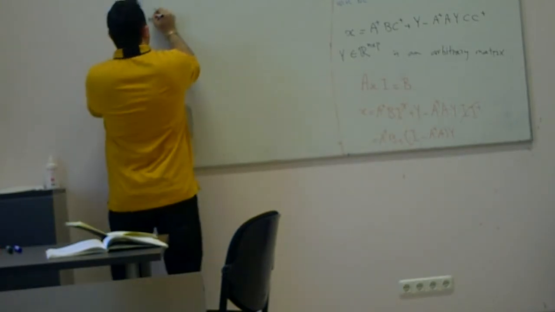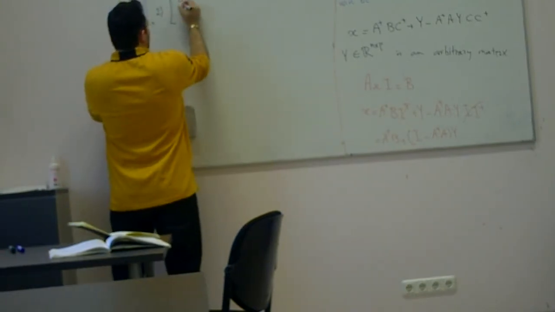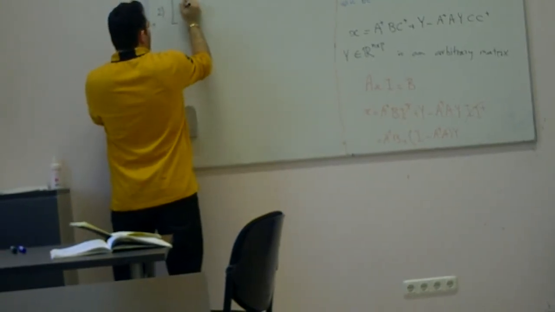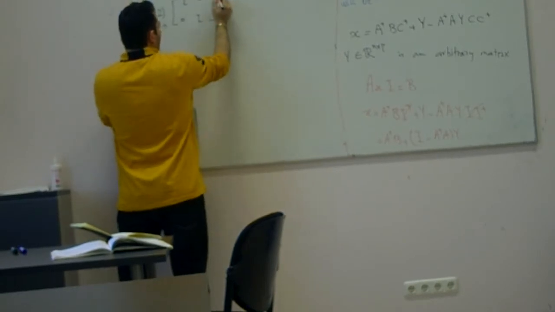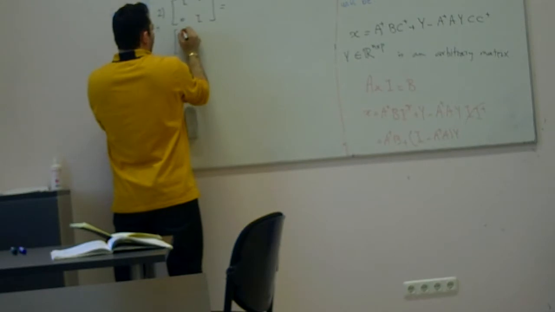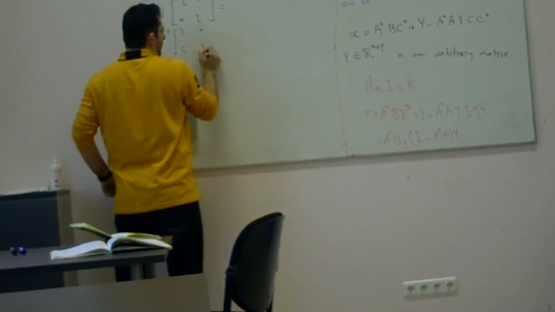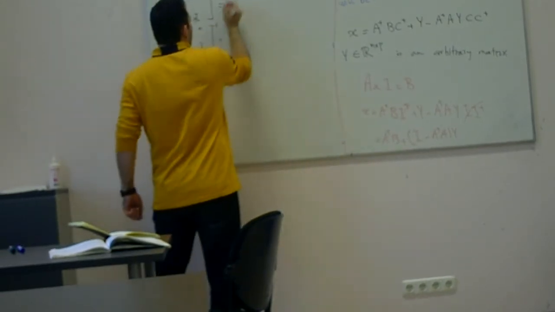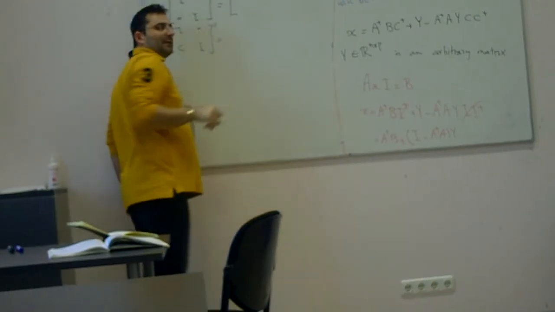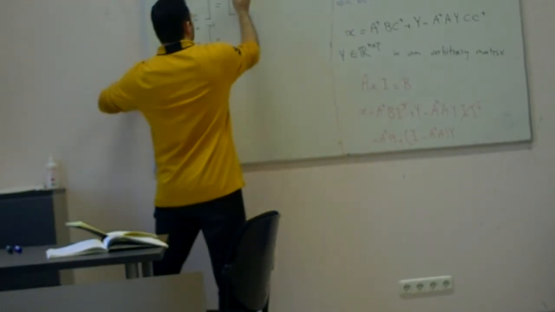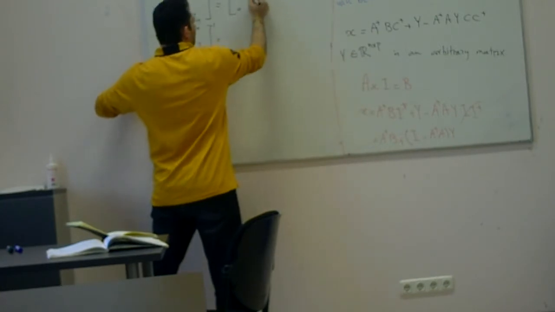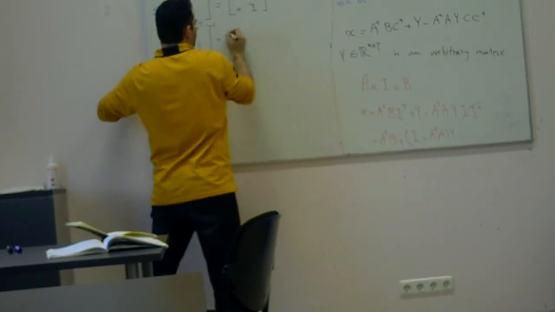The second one, inverse of a block matrix whose diagonal is identity matrix would be itself, except this block is negative.